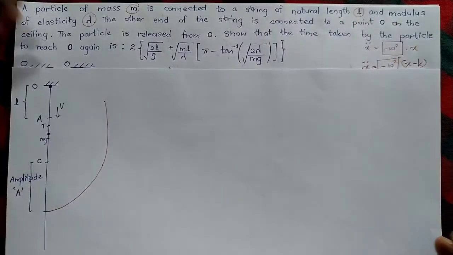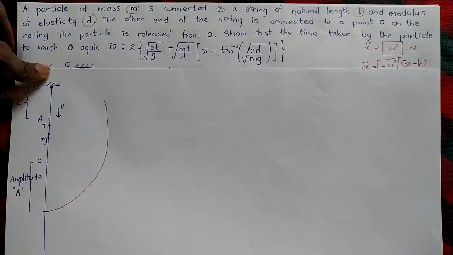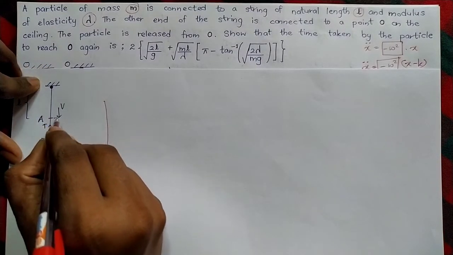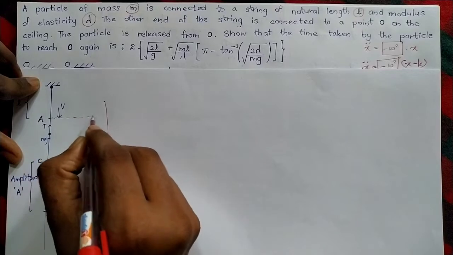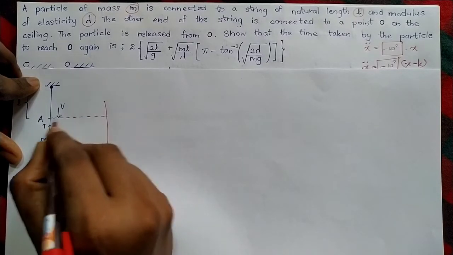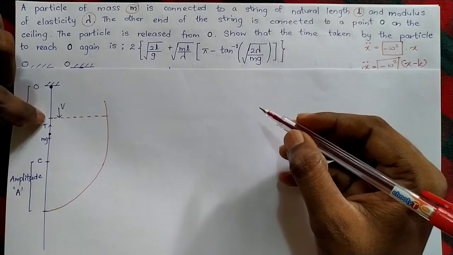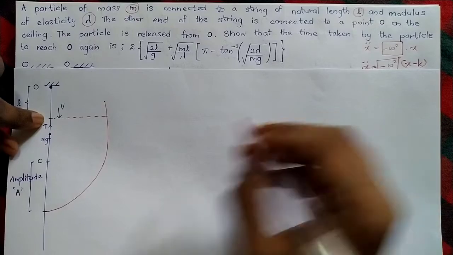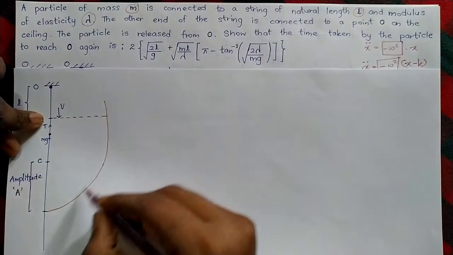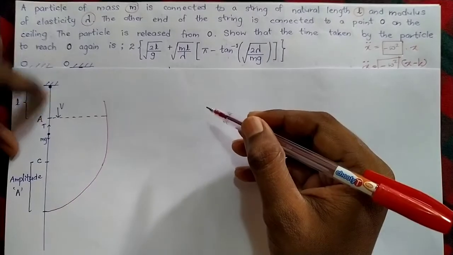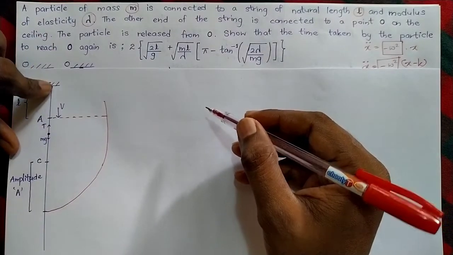Then the second construction is constructing a line to connect this arc from the finishing point of the motion. This is the starting point, this is the finishing point, and this is the arc or sector where the particle is going to perform simple harmonic motion.